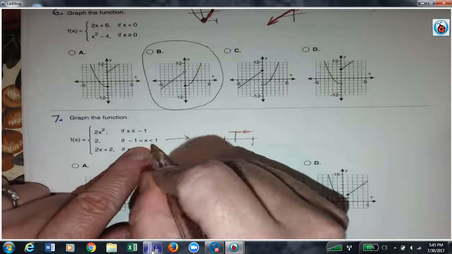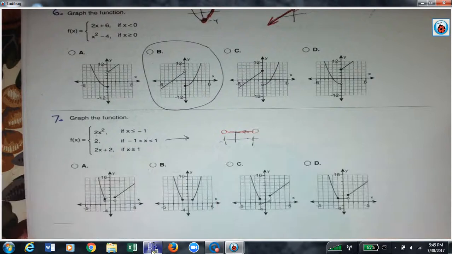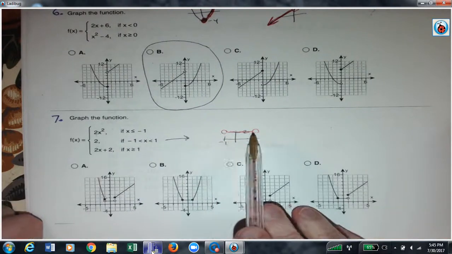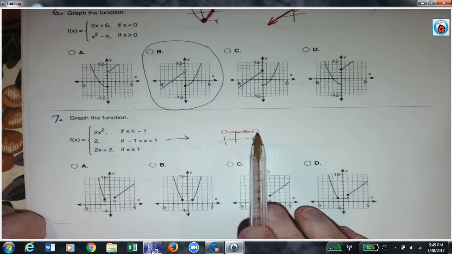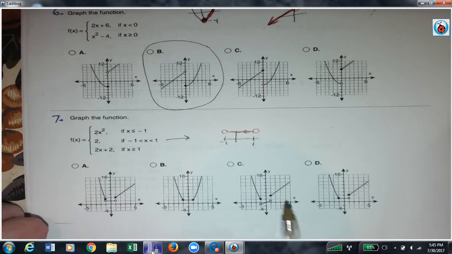And because of the symbols here, we do not include the endpoints. So I'm looking for a graph that has that at 2, and we have it here. I don't have it there because the endpoints are included. I don't have it at all there. Not right here.